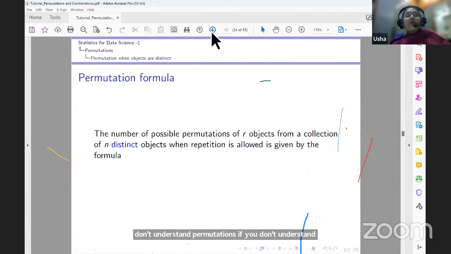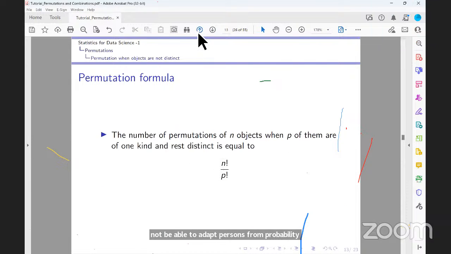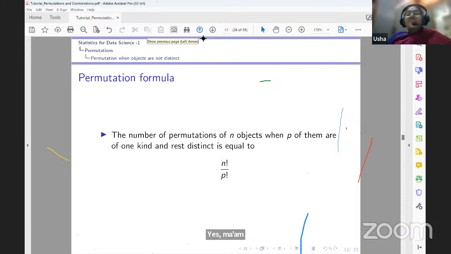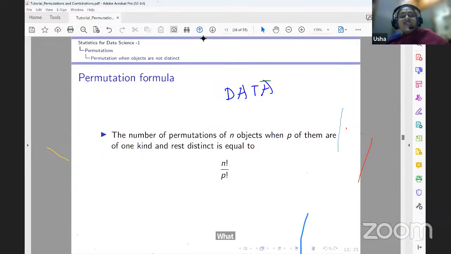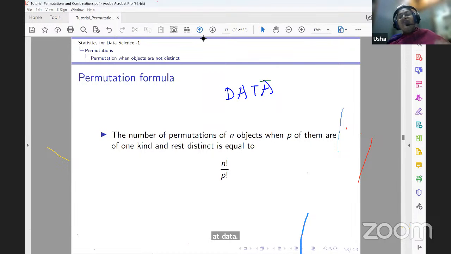So far we were looking at permutation when the objects were distinct. Suppose the objects are not distinct. For example, let's look at data. Here I have A and A, they are not distinct, right? The number of permutations of n objects, so 4 objects, when P of them are of one kind and the rest are distinct.